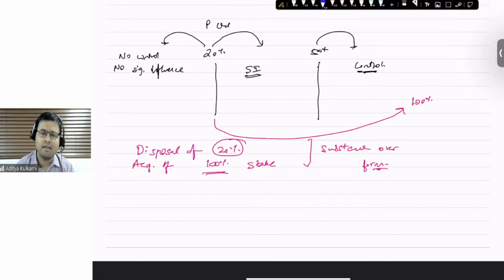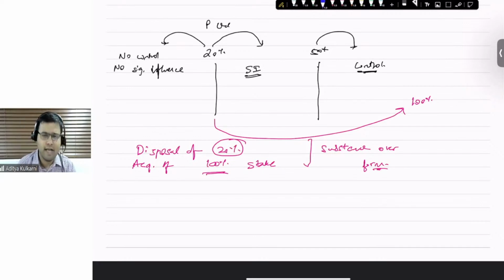But obviously this remeasurement will depend on the accounting choice that you have adopted. Whether you have adopted the cost model, which is permitted for Ind AS 27 type of investments, like investments in subsidiary, associates, joint ventures. If it is none of these, then it will obviously appear at fair value, either FVTPL or FVTOCI, and accordingly, it would already be existing at fair value.